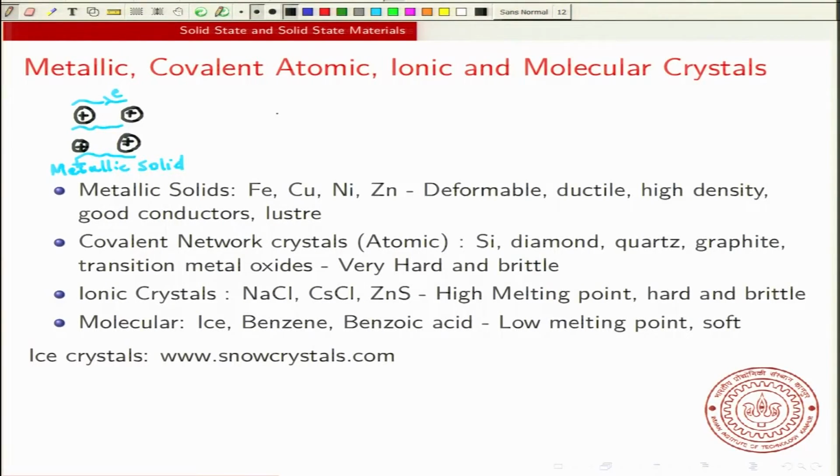So, if you take diamond, for example, you have a carbon atom that is tetrahedrally bonded to 4 other carbon atoms, and now each of these is also tetrahedrally bonded to 4 others, and essentially you form a network structure of this whole solid. So, you form an extended covalent network.